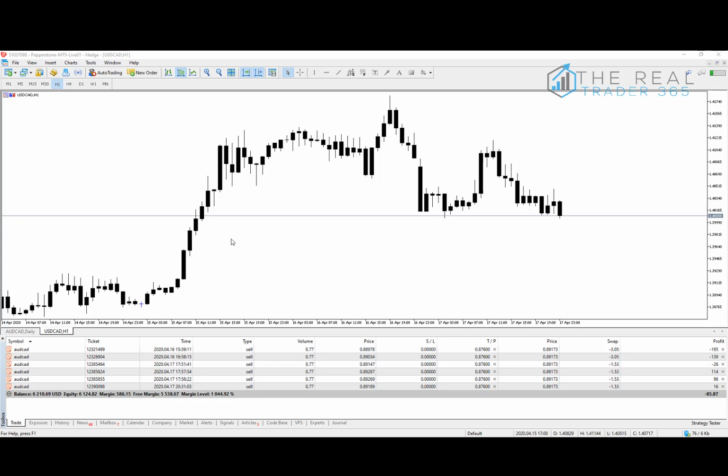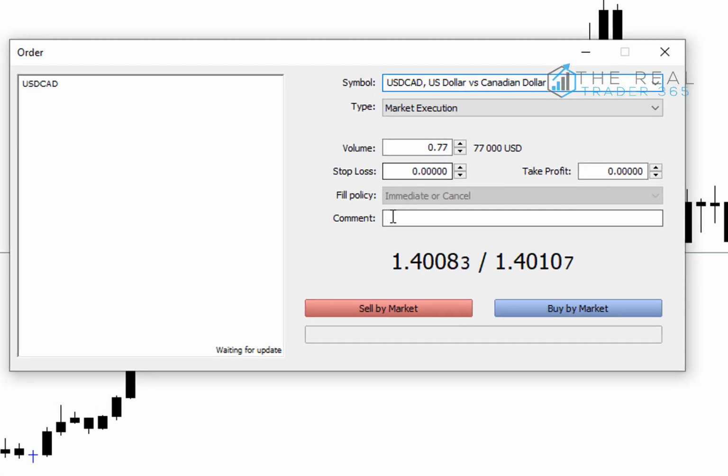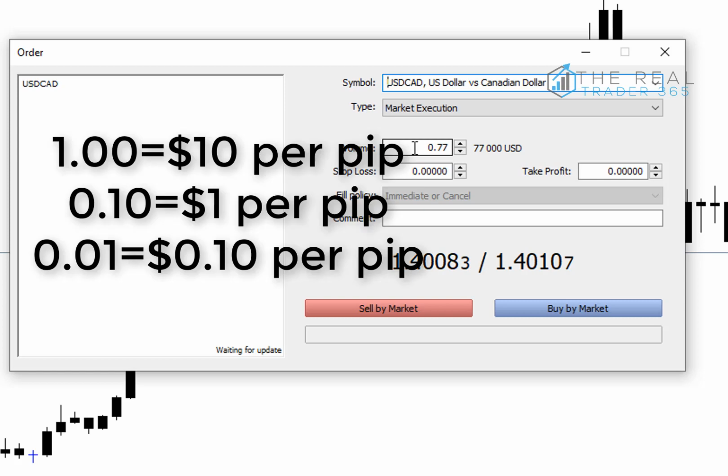What's important now is the lot sizes. So I showed you how to place a trade in an earlier video, right? But let's say we wanted to place a trade here and we click new position, and you see where it says volume? In volume is where you type in how much you want to place your trade by. What's important to note here is that the easiest way to remember it is 1. If you type in 1.00 here, that represents 10 US dollars per pip.